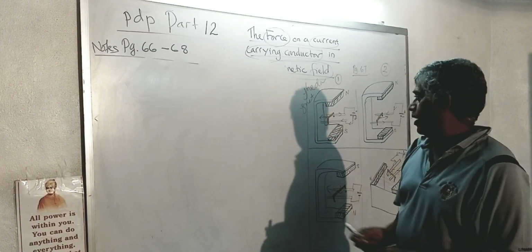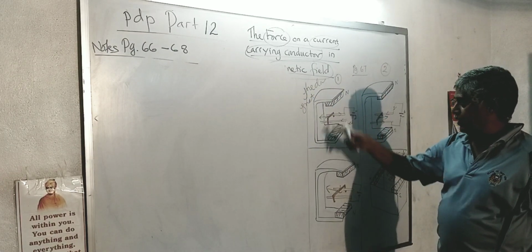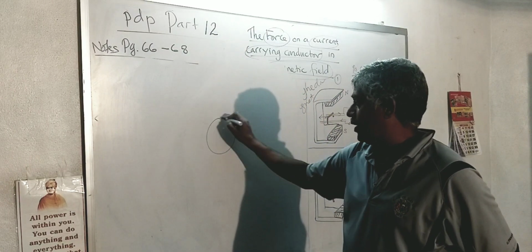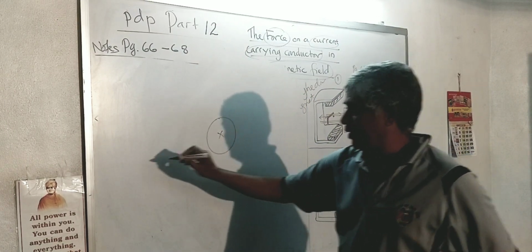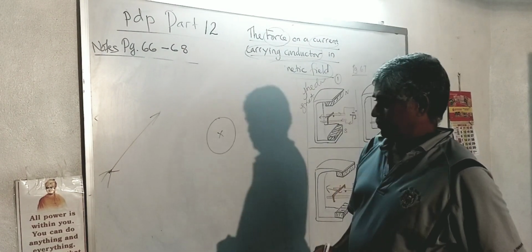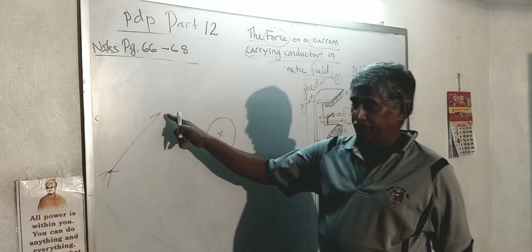Now let's take this. The current is going this way, inside the board. If the current goes inside the board, what do we draw? We draw a cross, because remember, we were discussing the direction of current using an arrow.